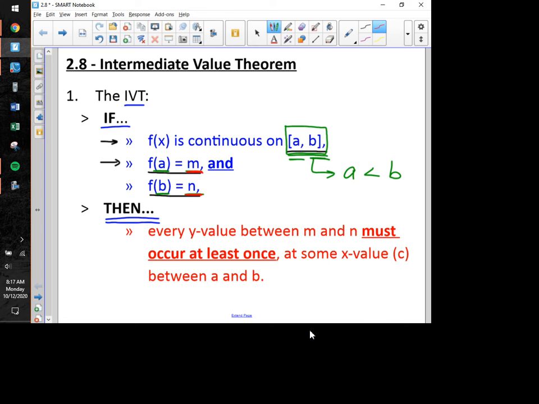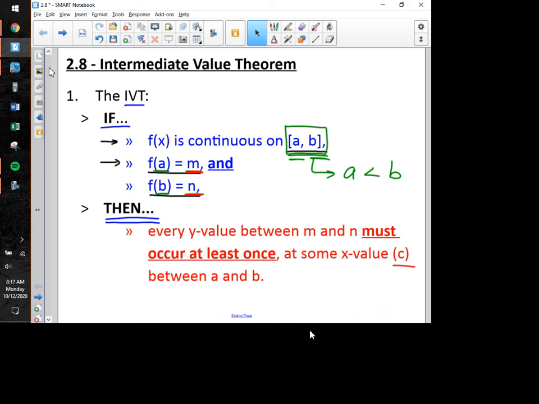So every single y value in between those two y values, m and n, must occur at least once within the range of this function. And furthermore, the location of that y value right there has to occur at some x value that we kind of generically call c, and it does say here that c needs to be located in between a and b.